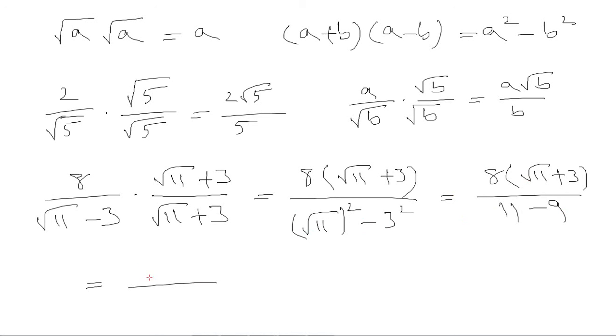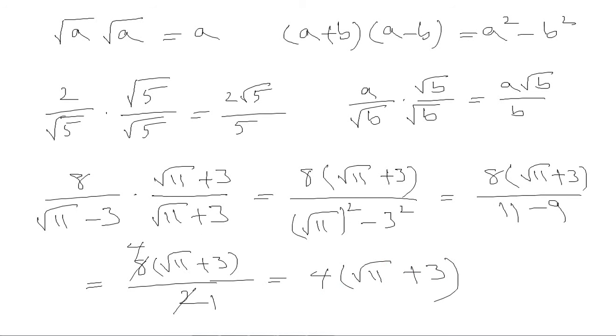So now you have 8 times radical 11 plus 3 over 2. 2 and 8 simplify, so you get 4 times radical 11 plus 3, and now you have rationalized the denominator. So generally, if you have a minus b, you multiply by a plus b, and if you have a plus b, you multiply by a minus b, so that you can use this formula. These two are actually called the conjugates of each other.